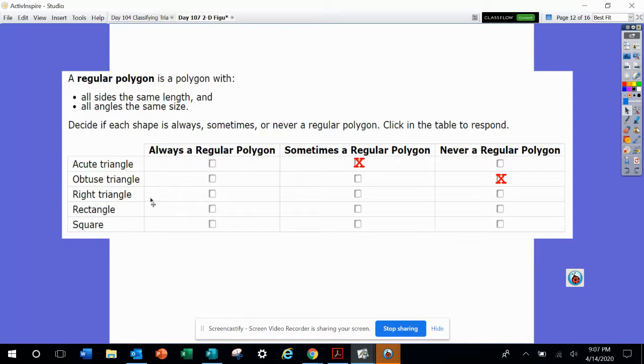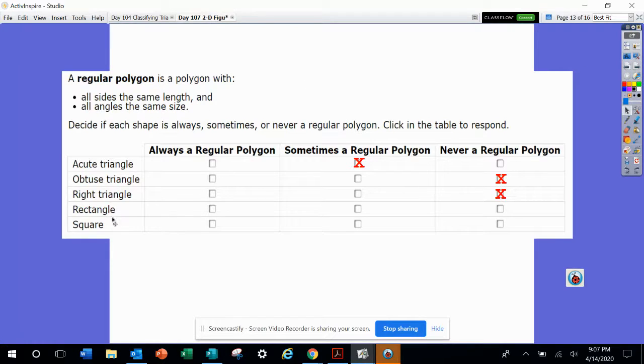A right triangle has one angle that is 90 degrees. Well, if you remember, a triangle's angles add up to 180 degrees. So there's no way you could have another right angle in that triangle. So that is never a regular polygon. A rectangle has 4 right angles, so those are congruent, but what about all the same side lengths?